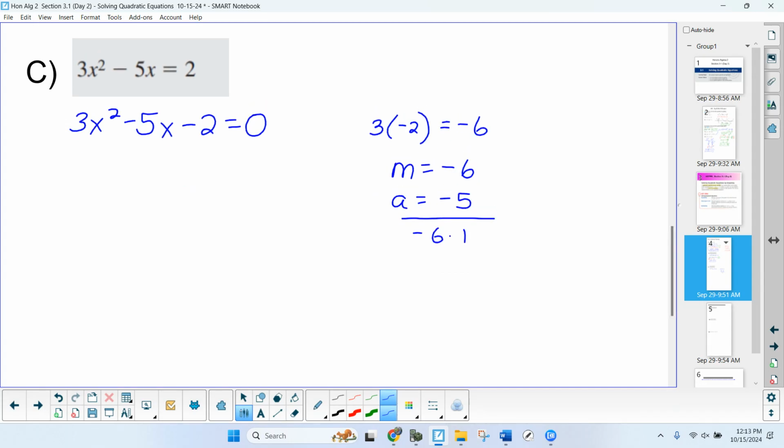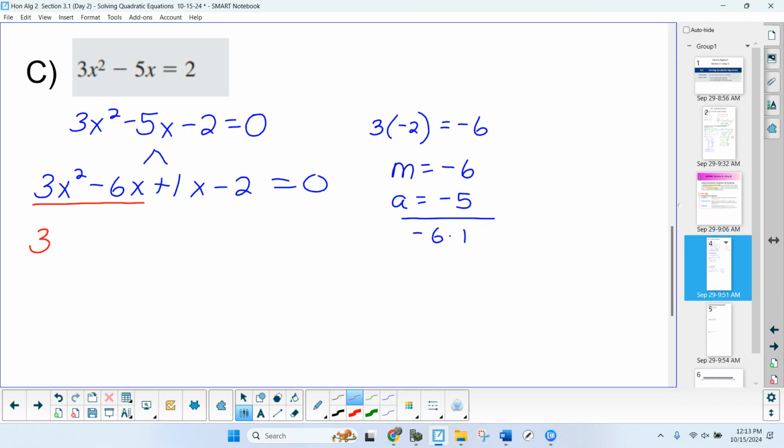Negative 6 and positive 1. Now, guys, A is not 1. Life is not easy. You may not just factor. You have to split this up. Olivia, since I called on you, which one do you want to put first? Negative 6. Yeah, guys, if you have one positive and one negative, it is so much easier to put the negative factor first, because then you don't have to worry about taking a negative out of the second group. So, Olivia, what do you want to factor out here? 3x.